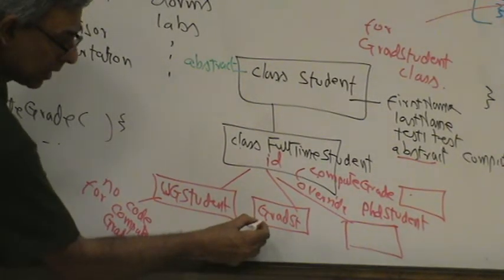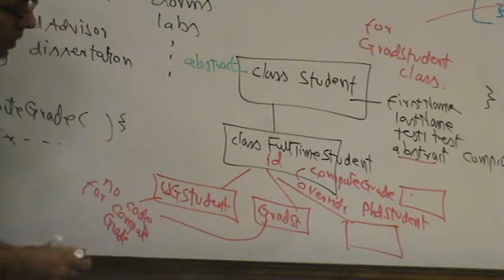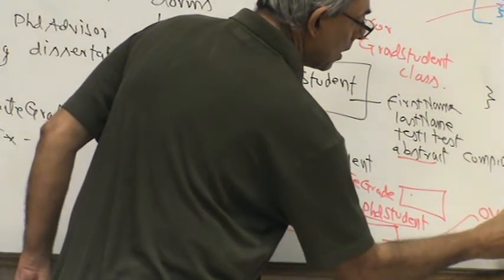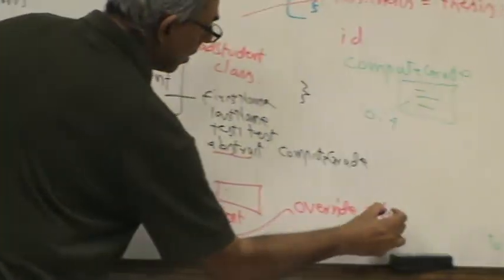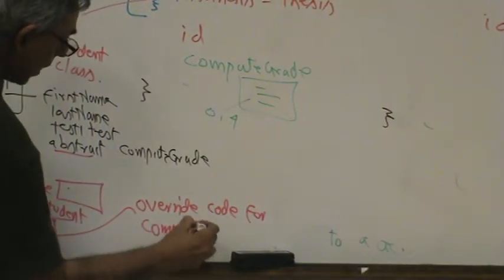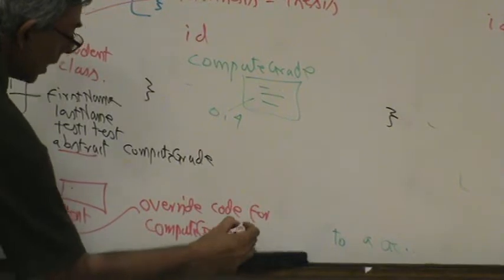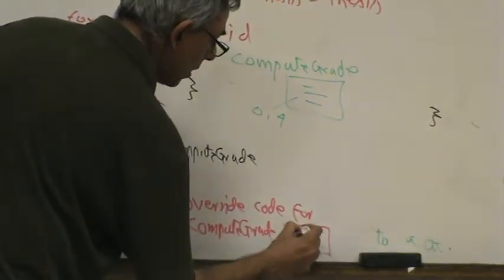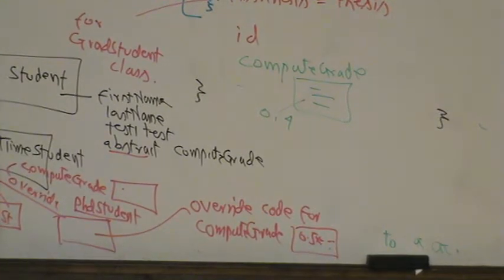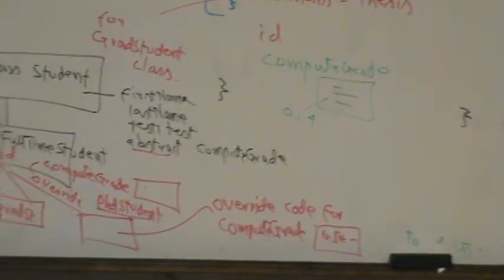And what about this? No code. What about PhD student? Override the code for compute grade. And then you will provide the 0.5 formula, correct? For a PhD student, we wanted 0.5, okay?